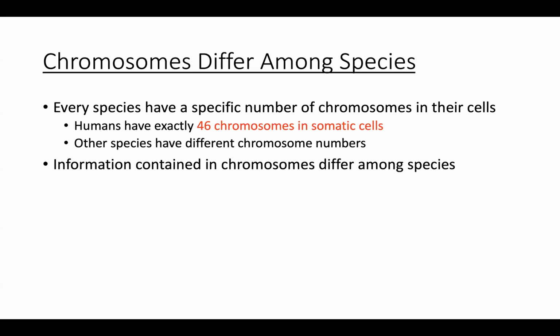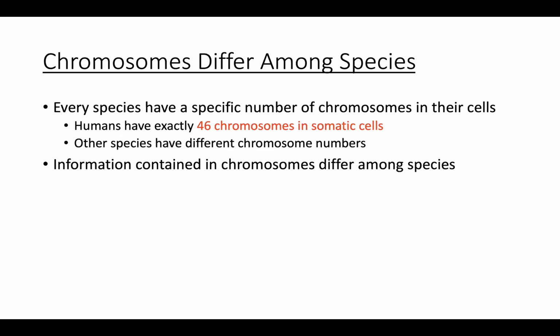Yes, that's exactly it, it causes genetic abnormalities. So for the most part, in this case, more is not better, and even less can be problematic. So we want to be in a situation where we have these 46 chromosomes.